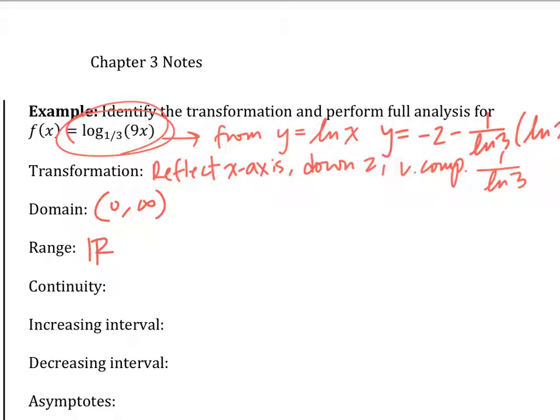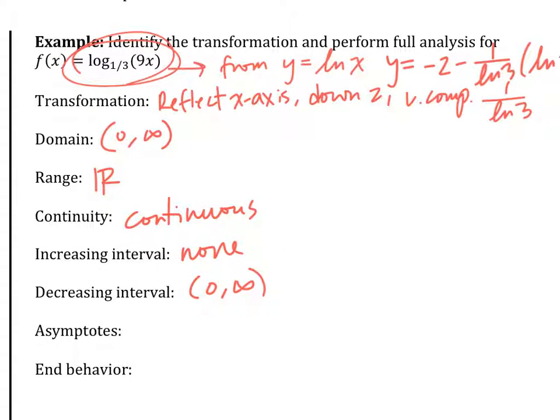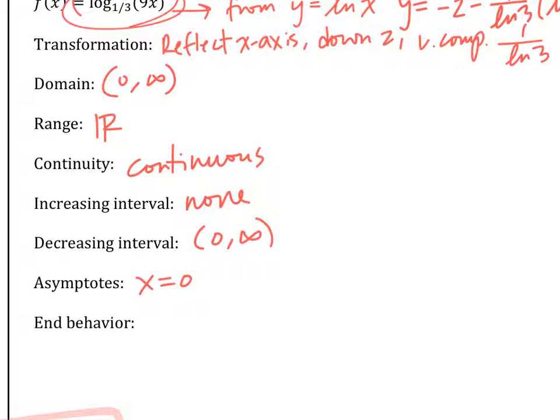Okay. Ashley, continuity. Yes, continuous. Caleb, increasing interval. Mark, decreasing interval. No, check again. 0 to infinity. Yes, 0 to infinity. Let's do Amelia. Asymptote. No, y equals 0 is this way. Yes, x equals 0. Okay, Sally, give me one end behavior.